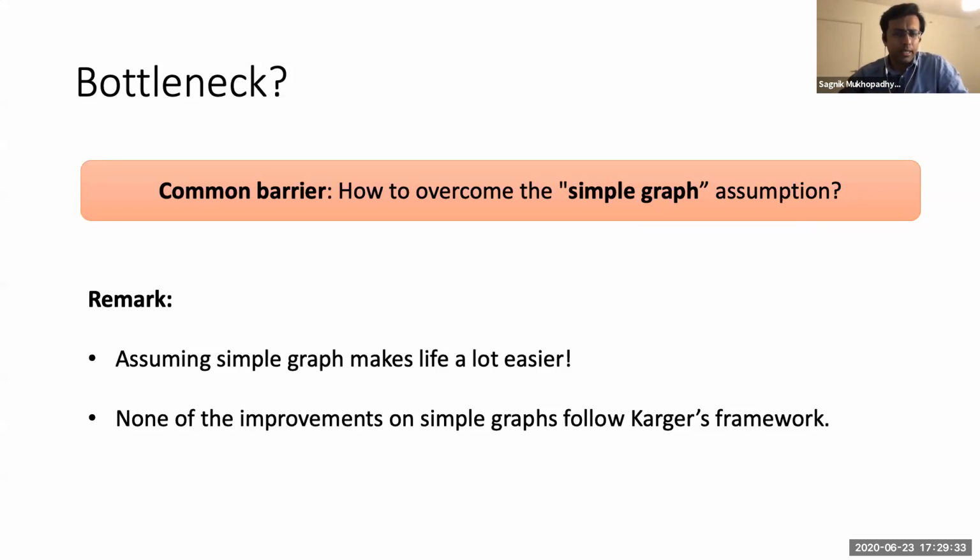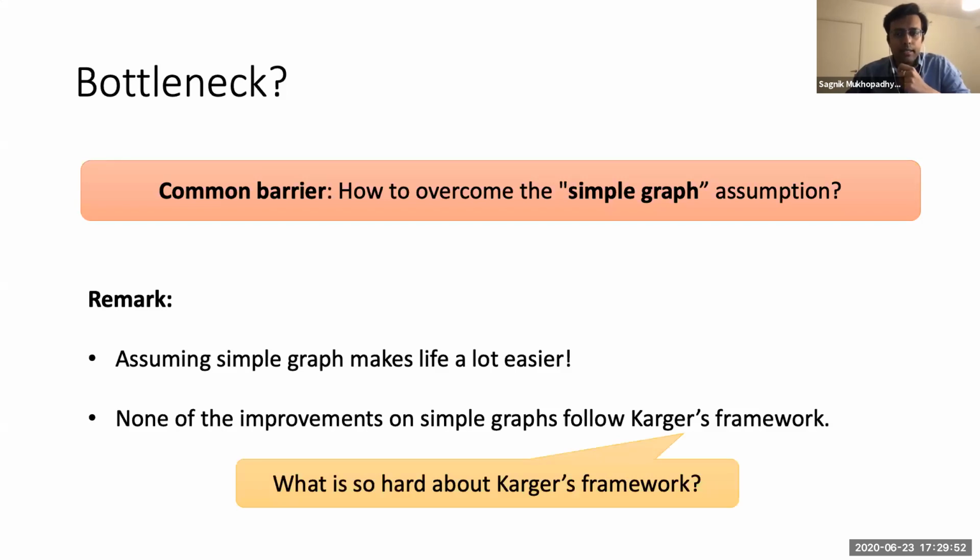It can be argued that this is necessary. Improving or adapting Karger-style algorithms will actually yield an algorithm for weighted graphs. And also assuming simple graphs makes life easier. You have a strong guarantee on the total weight of the edges of the subgraph, which you can exploit in a number of ways. So the question arises, what is so hard about David's framework?